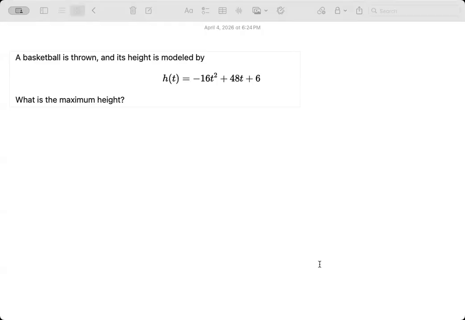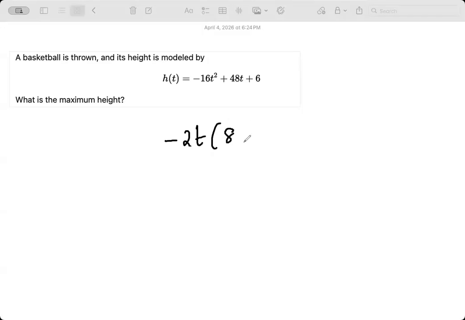Miss Priya, I got the common factor, which was like 2. So I factorized it to 2, and then in parentheses I got negative 8t squared plus 24t plus 3. So you factorized it. I'm taking 2t common.